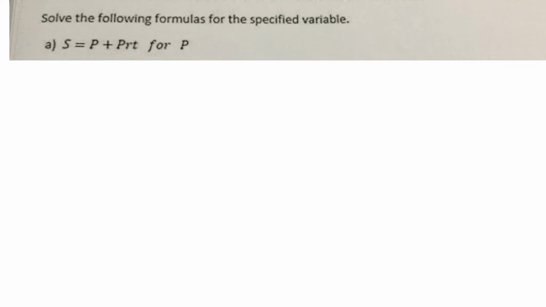Solve the following formulas for the specified value. S equals P plus PRT for P. So it's telling me I want to get P isolated. Get P by itself. Okay, what's the problem with that here?